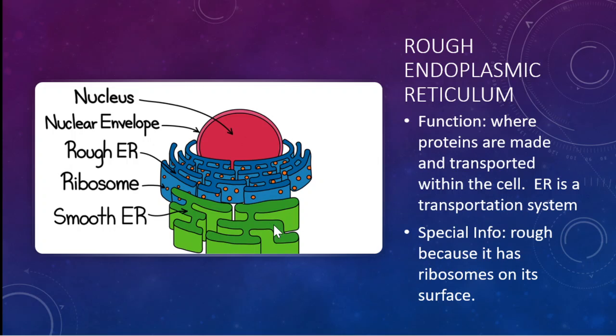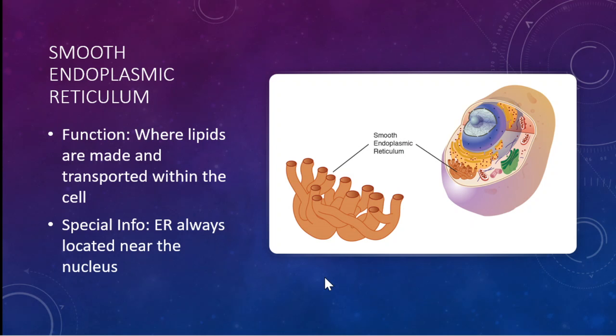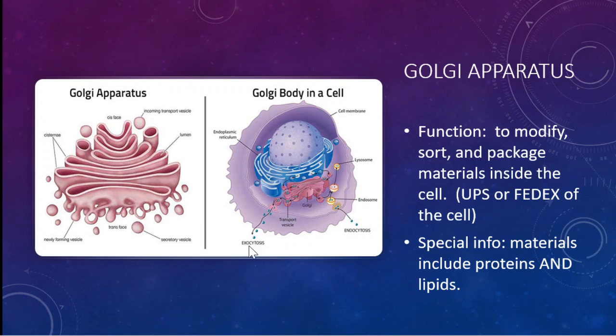This is actually the smooth one. It looks just like it. Also, the endoplasmic reticulum is just outside the nucleus. That is one way you can tell the difference between the Golgi apparatus and the endoplasmic reticulum: the endoplasmic reticulum is right outside the nucleus and the Golgi apparatus is outside that.